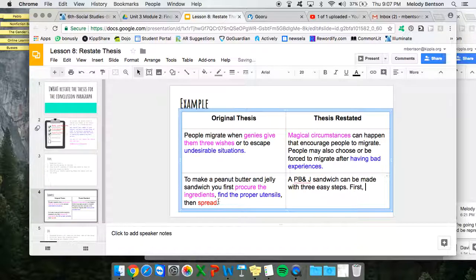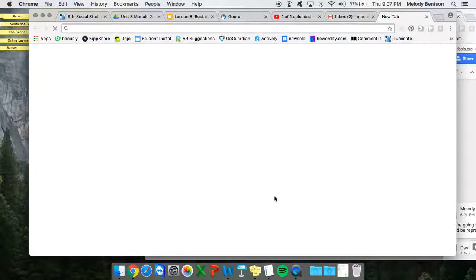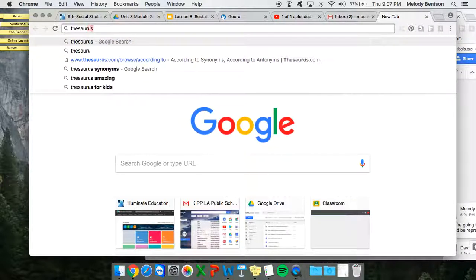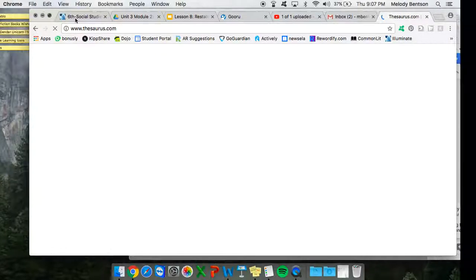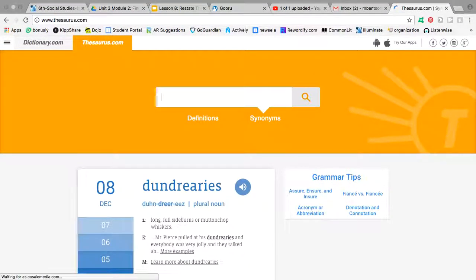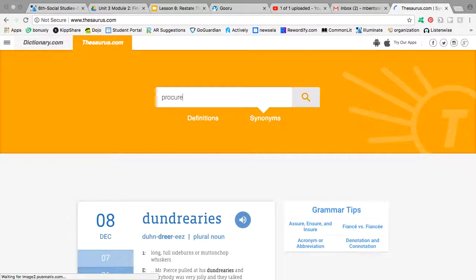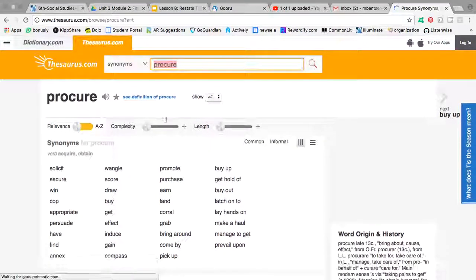First, so what's another way to say procure the ingredients? Well, if you don't know what procure is, let's look it up. I'm going to go to thesaurus.com and you can absolutely do this anytime. I'm going to type in the word procure. I'm looking for synonyms here. It's giving me some synonyms.